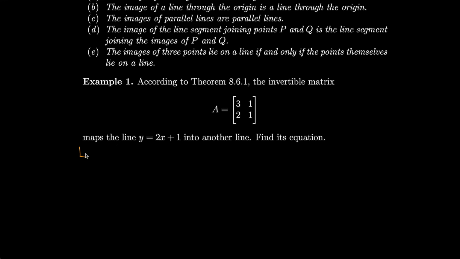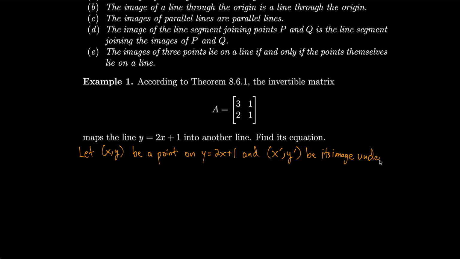So let (x, y) be a point on the line that we were given, y equals 2x plus 1, and we'll let (x', y') be its image under the transformation A, under matrix A. Okay, so that means that the vector (x', y') can be written as A, [3 1; 2 1], multiplied by (x, y).